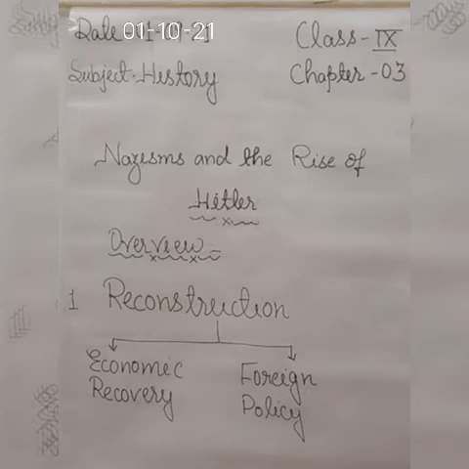And after recapturing all these regions of Germany, which had been taken by the Allied powers, Hitler raised a very famous slogan: one people, one empire, and one leader. Okay, all right.